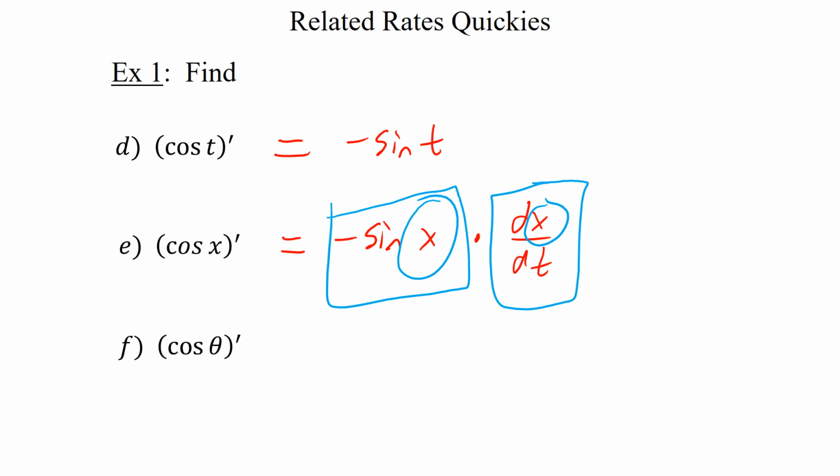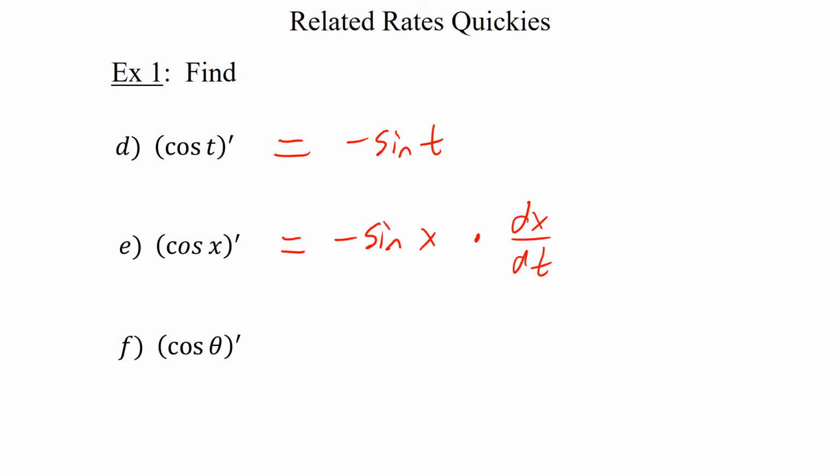Okay, let's go to this next one. So it says cosine theta, but the story is the same. Theta, if you don't see a letter t, if you see any other letter besides t, then it's stuff with t's in it. So this is cosine of stuff with t's in it. Just we don't know the formula, it's hidden from us. So it's going to involve chain rule again. It's cosine of stuff.